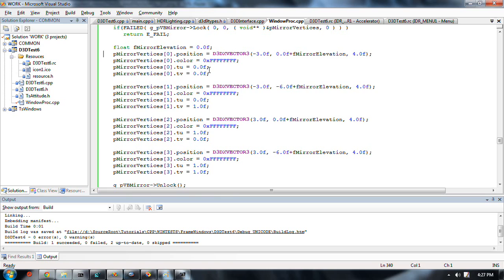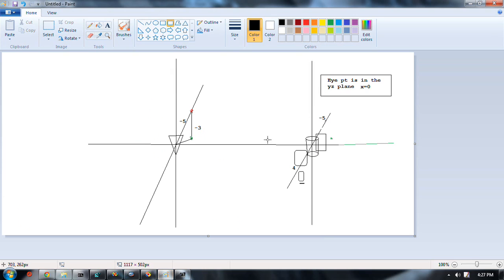Now the UV coordinates 0, 0 corresponds to -3, 0. This is x, -3, 0, that's here. Recall again that it's upside down from our point of view.